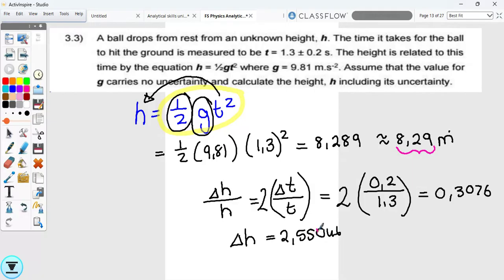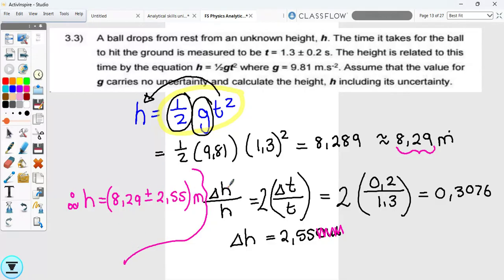So we're going to throw away all of that, and we're going to give our real answer for h as h is equal to 8,29 plus or minus 2,55, and all of that is going to be in meters, and that is then our final answer. Sorry, it's a bit squashed, yeah? And that is then our final answer for h.